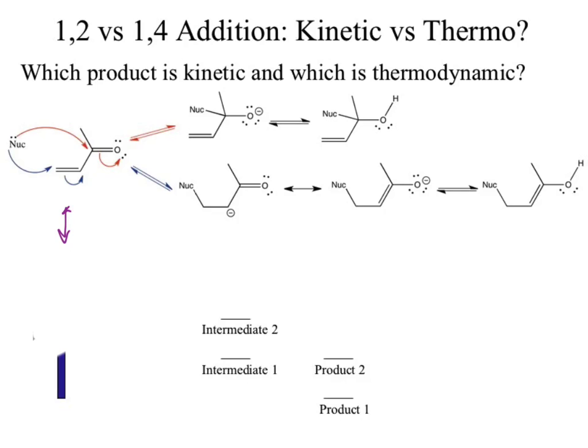When should you show resonance in a mechanism? When it explains why a step happens. A step would produce charge, so we're using resonance to explain why charge is stabilized, why that charge is allowed to form. Okay? Can we use resonance to help us predict where things would react?